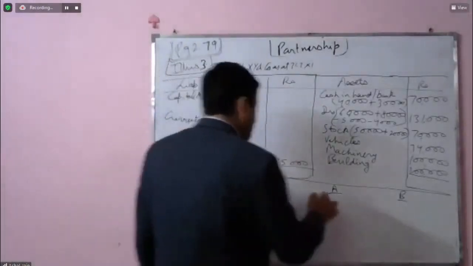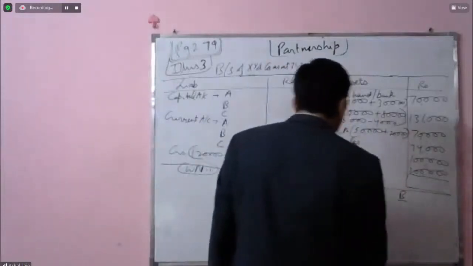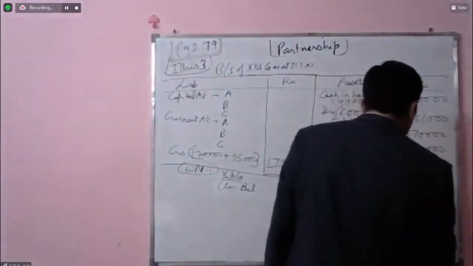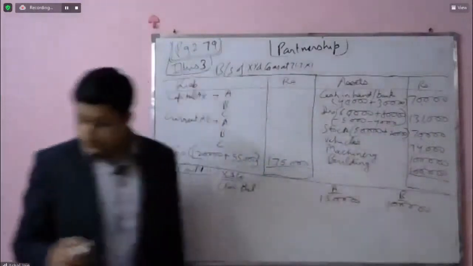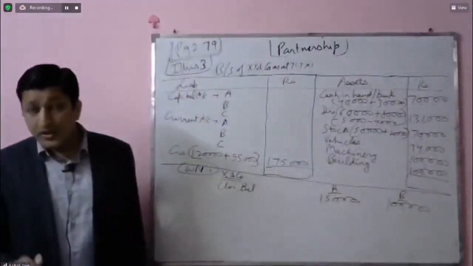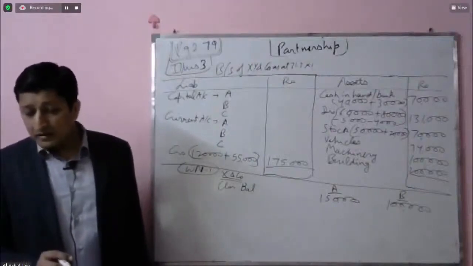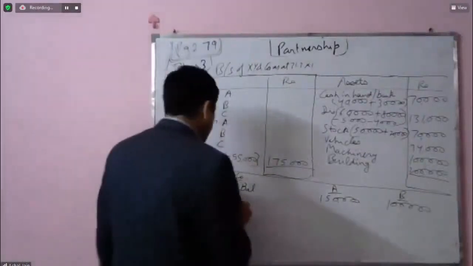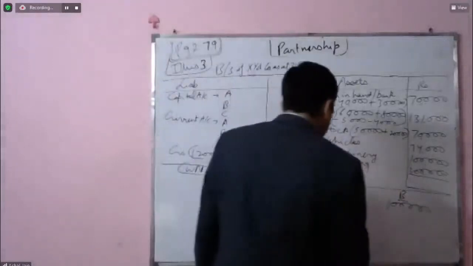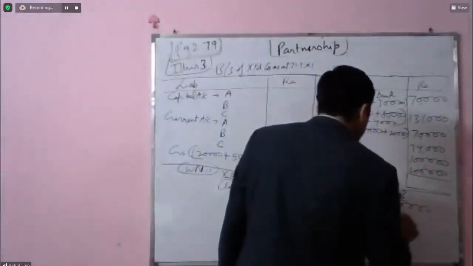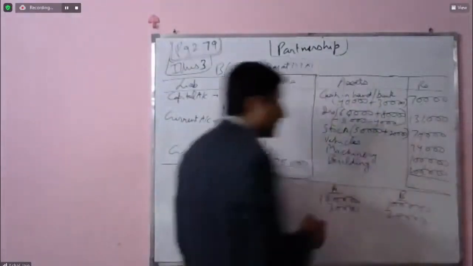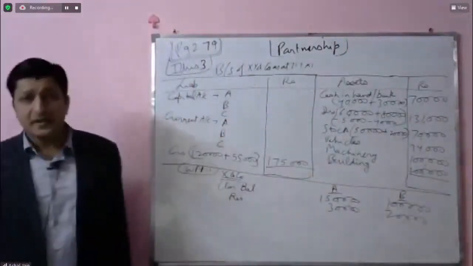Then they also had reserves of 50,000, in their profit sharing ratio. So this will become 30,000 and this will become 20,000. So we are computing the capitals now.